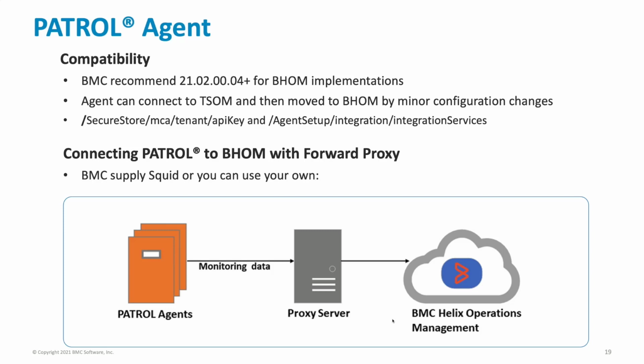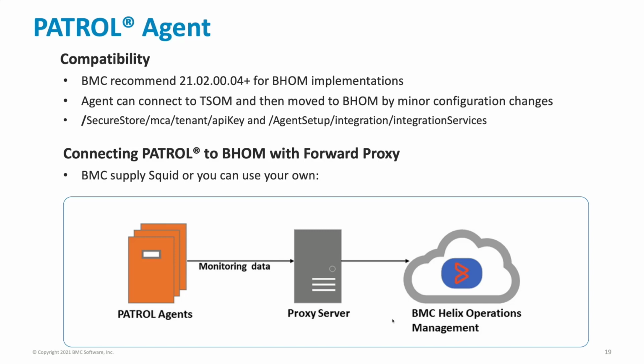So doing a migration project, you first would upgrade to an agent version equal or higher to the recommended version. You could run that in your production system with a TrueSight system and then move the agents from TrueSight to Helix by reconfiguring the agent. So basically telling the agent not to deliver the data to the TrueSight system, but to deliver the data to the Helix system.